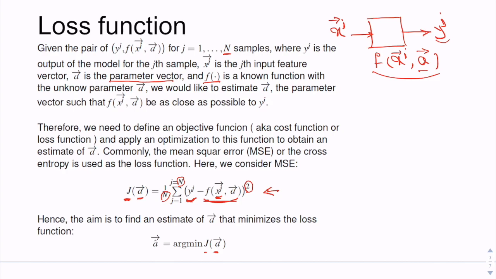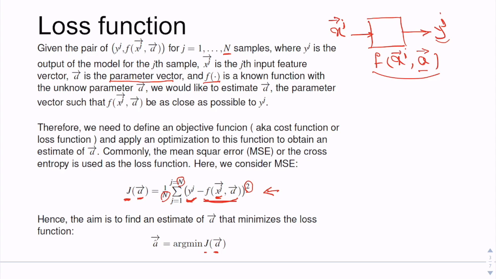So the classification problem during the training phase is to first have a loss function and then find the value of A that minimizes that function. This is all about the training phase during classification. So now the entire discussion is focused on how to find the minimum of the loss function.